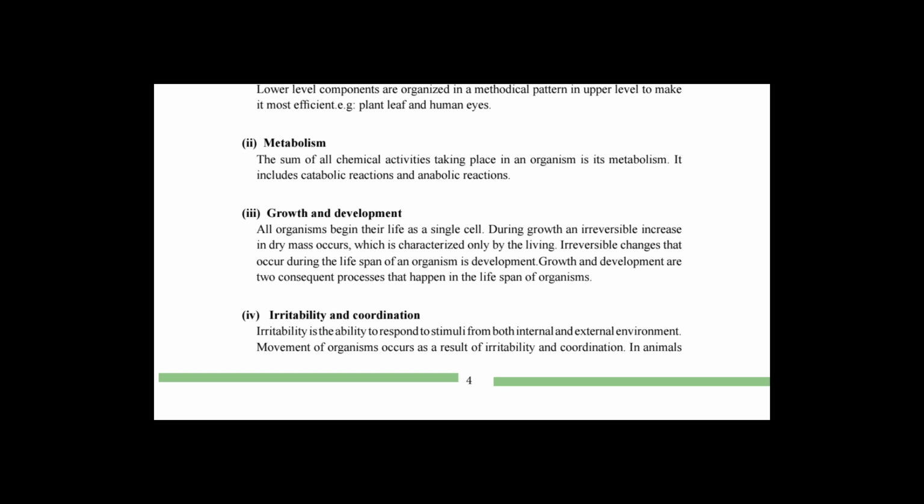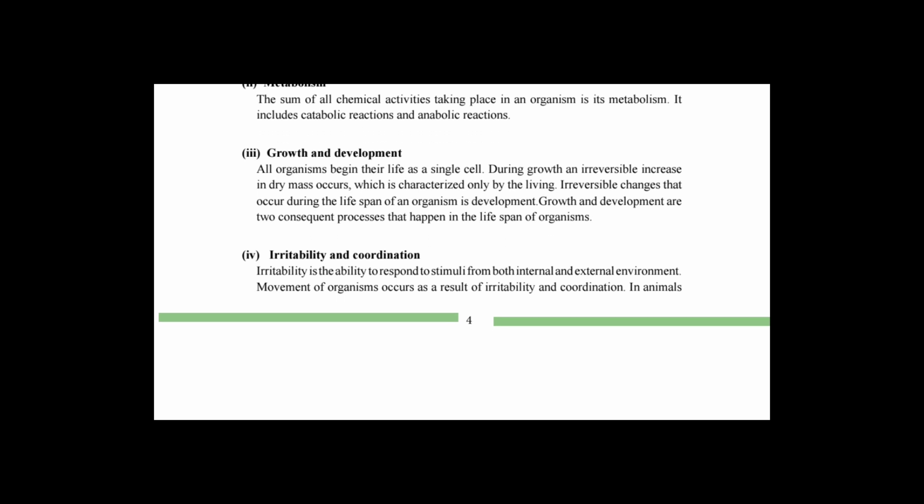Okay. Irreversible changes that occur during the lifespan of an organism is development. This is the definition for development. We have to remember that as well. Growth and development are two consecutive processes that happen in the lifespan of organisms.